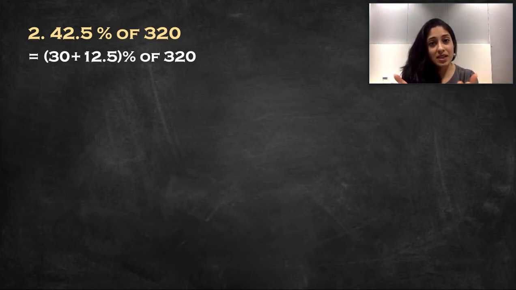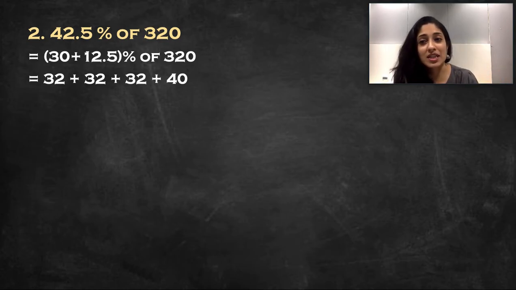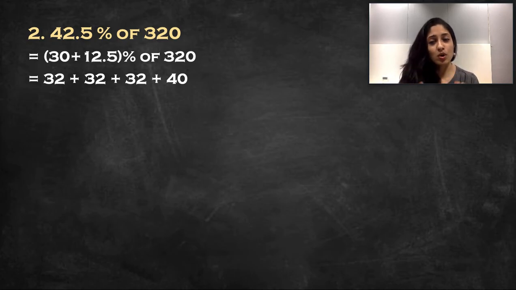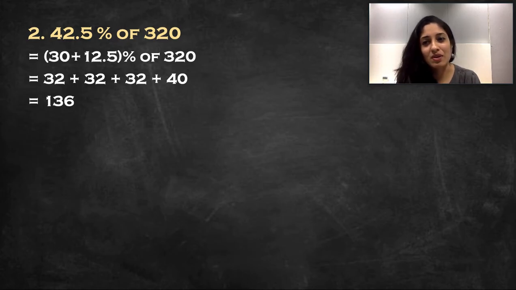So 30% is 3 times 32, and 12.5% of a number is 1/8. Now 1/8 of 320 is 40. So ultimately what we want to do is 32 plus 32 plus 32 plus 40, and addition is always very much faster with human calculation. And this gives you your answer as 136.